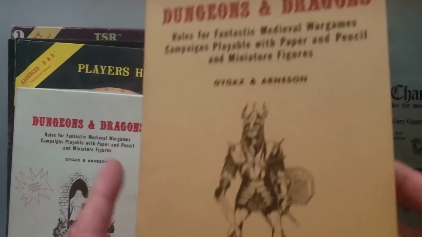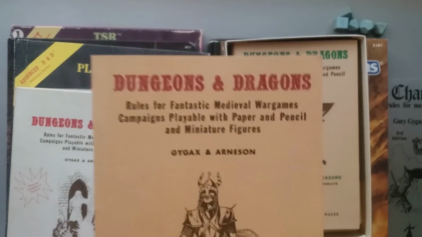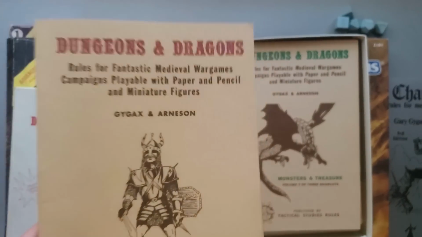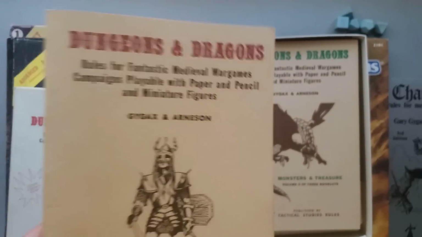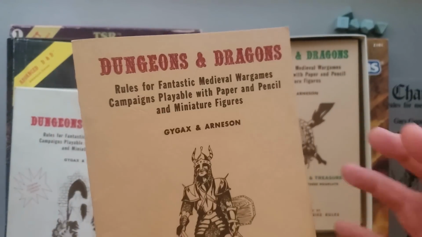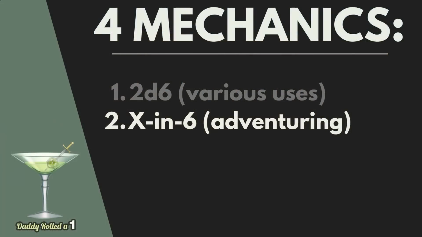Okay, and this is going to lead us into the second system, or mechanic, of using different dice for different types of situations, and that is going to be the X in 6.